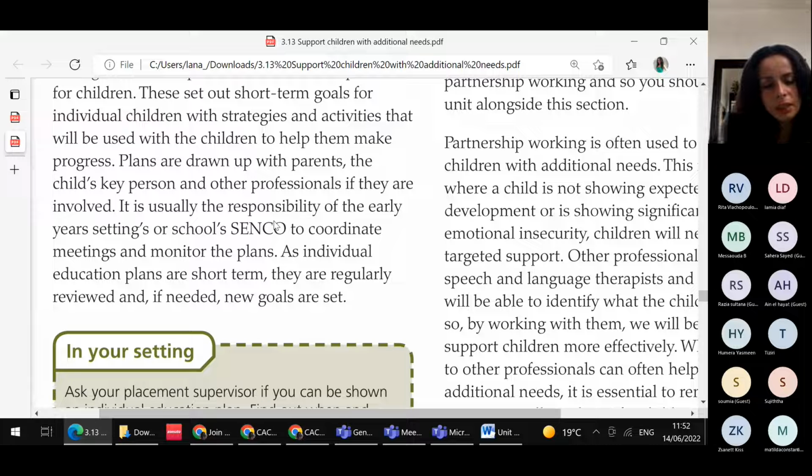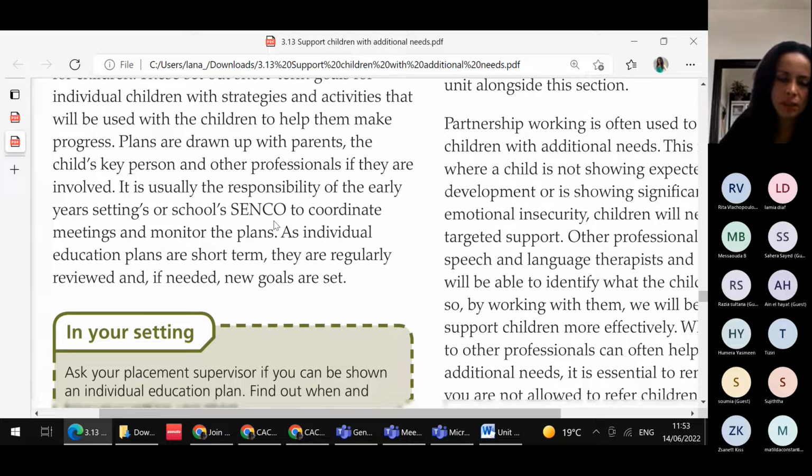It is usually the responsibility of the early years setting or school, if there is any child with a special educational need, to coordinate meetings, monitor the child's progress and the individual learning plans in the short term, and put in new goals. If you achieve all these goals, then maybe put new goals for the coming months and try to follow them.